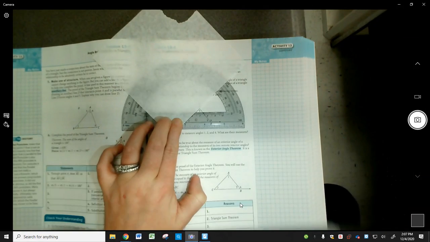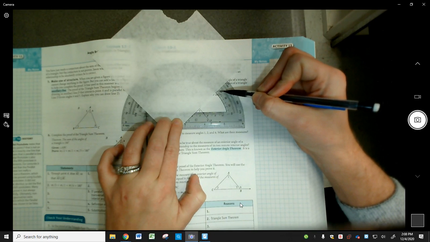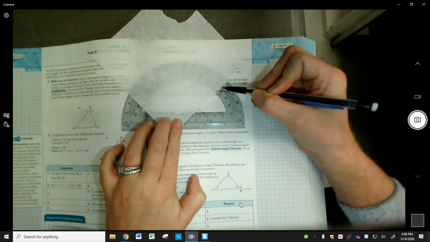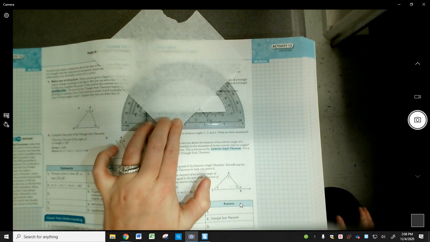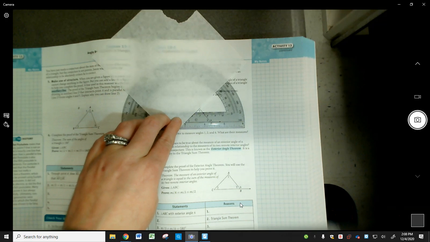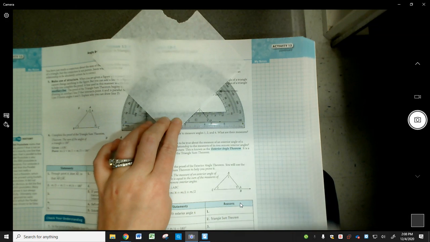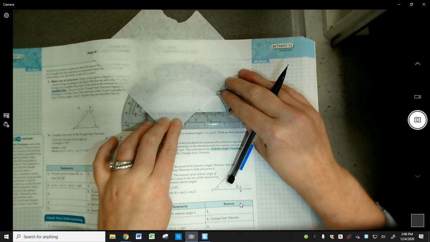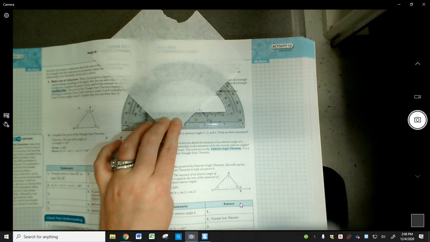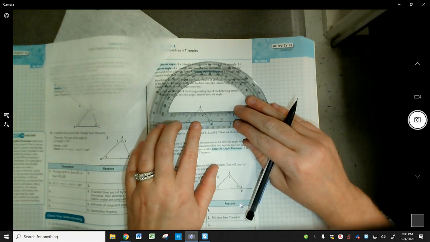And if you look, that is at 40, 41, 42, 43 is where it ends up. And yes, we do want to be that specific on these, and the reason is because of what's going to happen in the next step, number 12. So if you said 45, you were probably really close, but we are going to use the specific angle measure of 43.